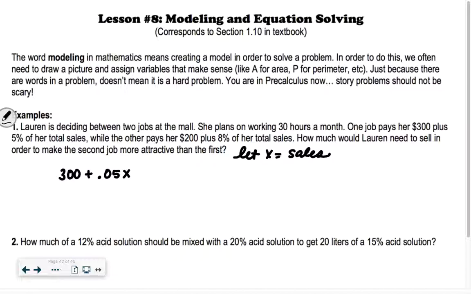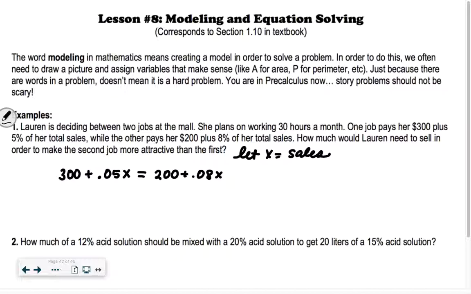We want to know when the second job is better than the first job. We can do this with a greater than or equal, or a less than or equal to in this case. Or if you just want to do an equation, that's fine. We just have to interpret it at the end. So we can do equals, and we can say $200 plus 8% of our sales.